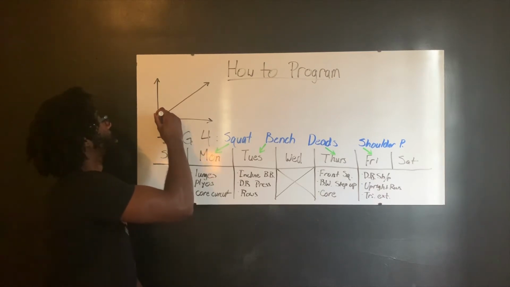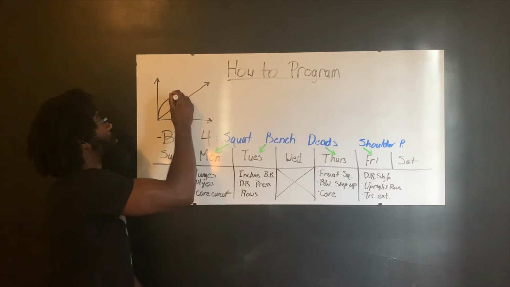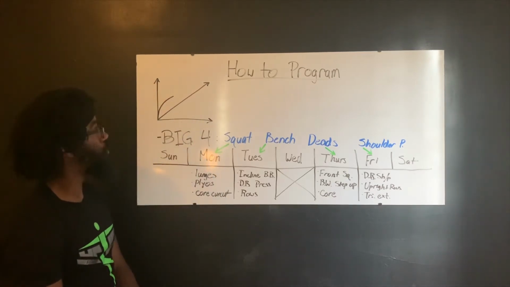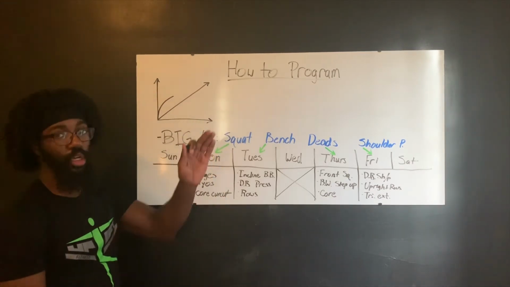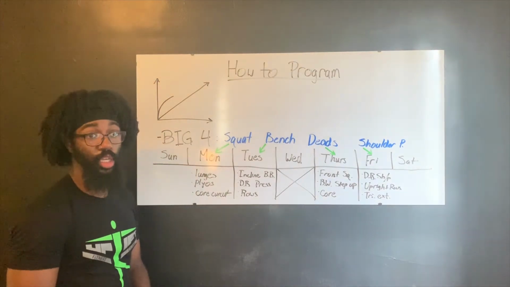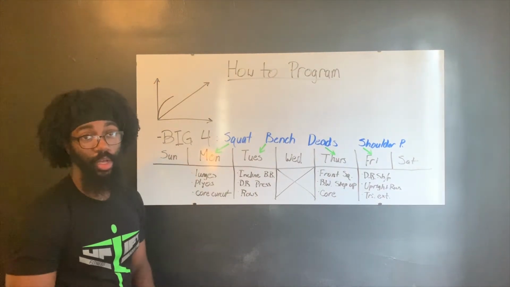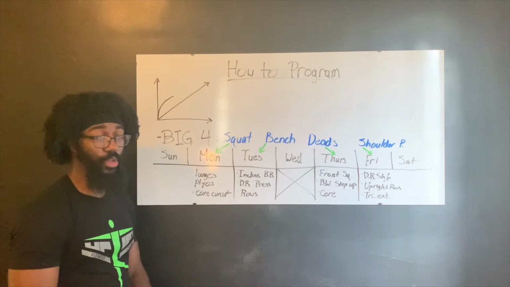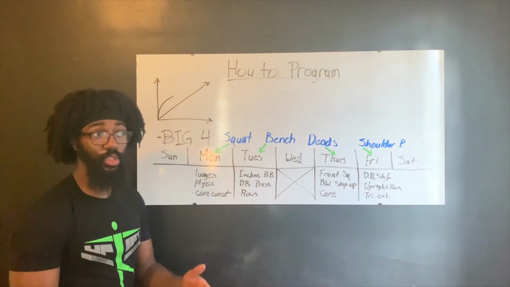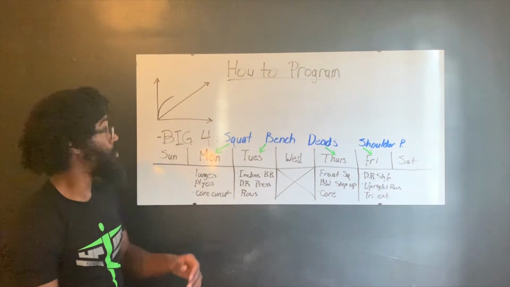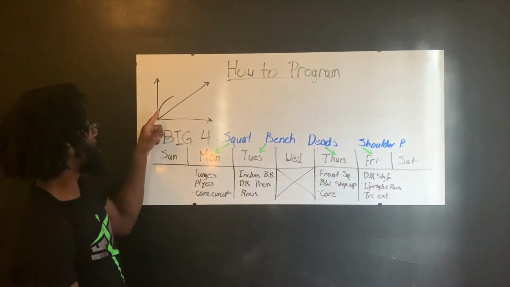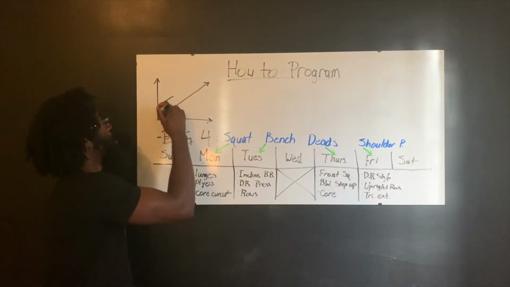So what I mean by that is your progression might go really quickly at first and it'll shoot up. Maybe I'm benching 100 and I'm trying to move up 5 pounds a week. But after I do my first workout, I could do a 10-pound jump. So as opposed to this line, I'm like, okay, now I'm up at 10 pounds, right?